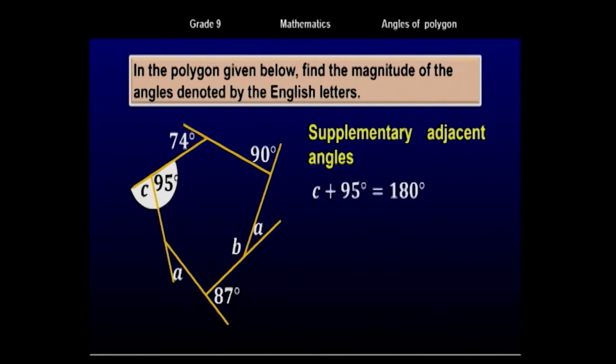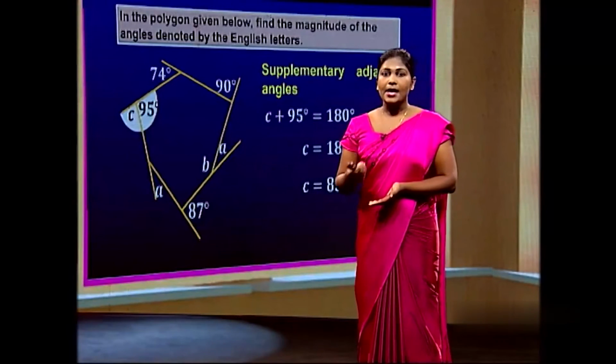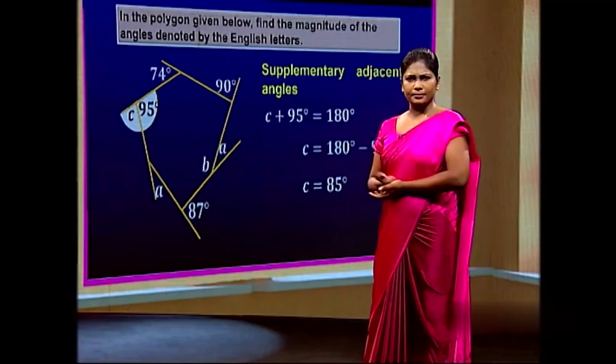We can write the equation C plus 95 degrees equals 180 degrees. Then C is equal to 180 minus 95. C equals 85 degrees. Then you have to find the value of A and B also. Look at this diagram.